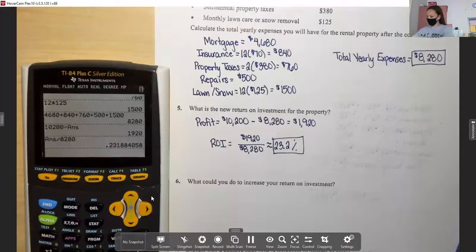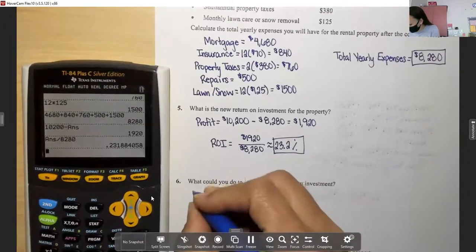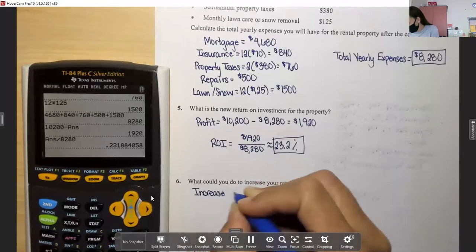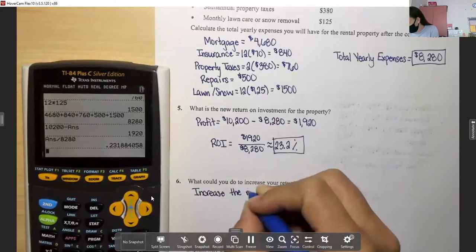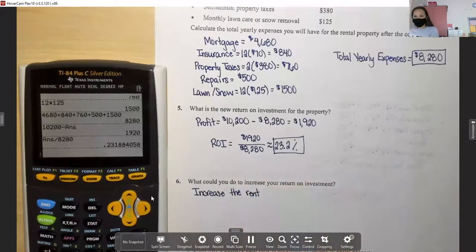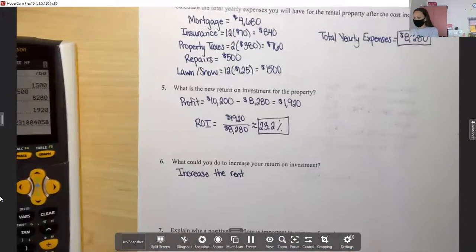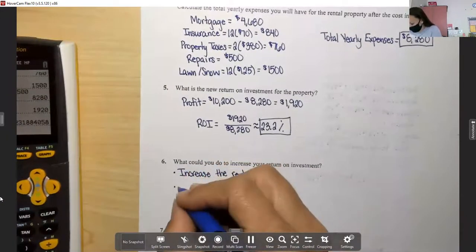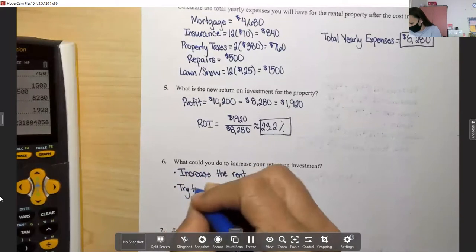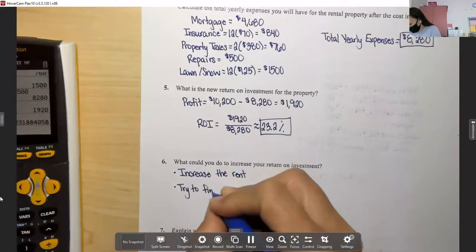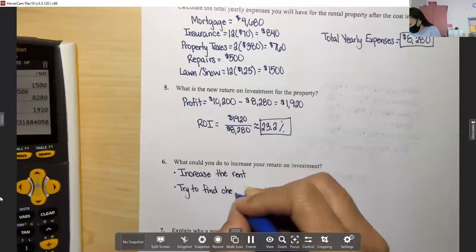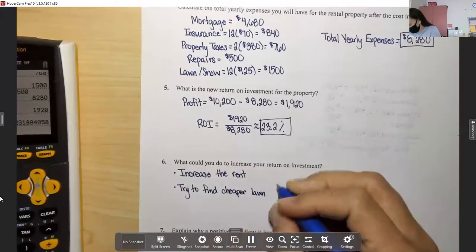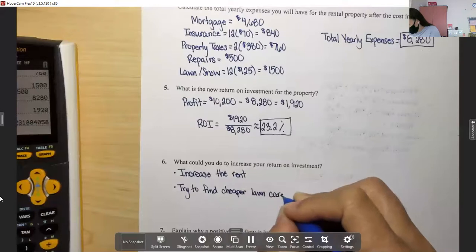All right, so what most people said is increase rent. So you could increase the rent. The other option is to try to find cheaper lawn care or snow removal.